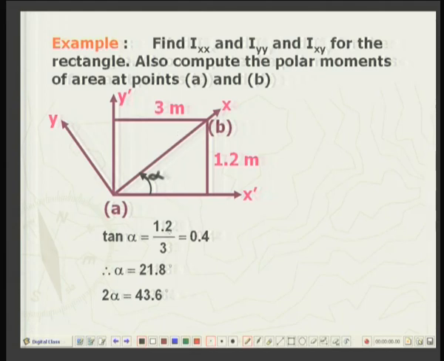So, tangent alpha will be equal to 1.2 divided by 3. This is 1.2 and this is 3. So, 0.4. So, alpha will come out to be 21.8 degrees, and since we need cosine 2 alpha and sin 2 alpha in the relation, 2 alpha will be equal to 43.6 degrees.